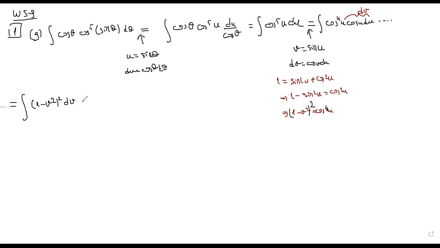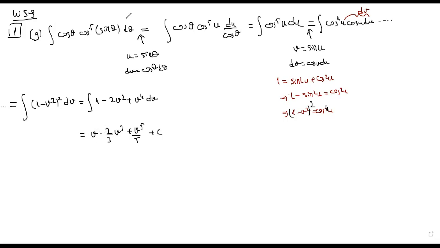Now, let's write it explicitly. We have 1 minus 2v squared plus v to the 4 dv. And you know, this is equal to v minus 2 over 3 v to the 3 plus v to the 5 over 5 plus some constant.